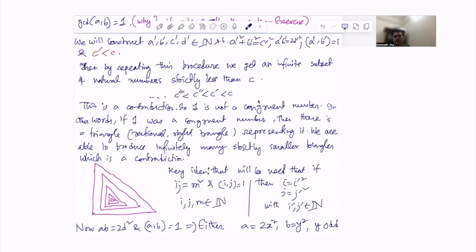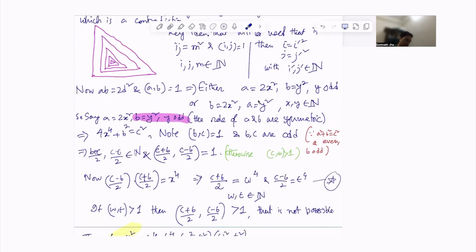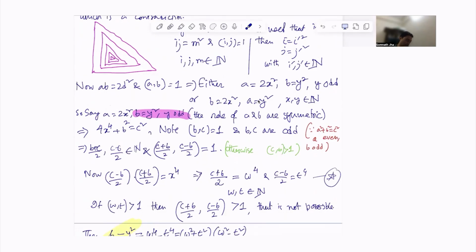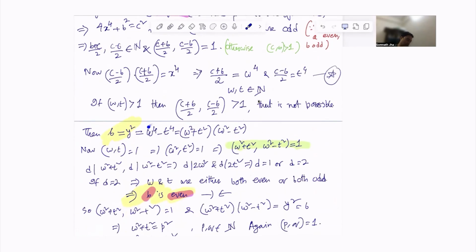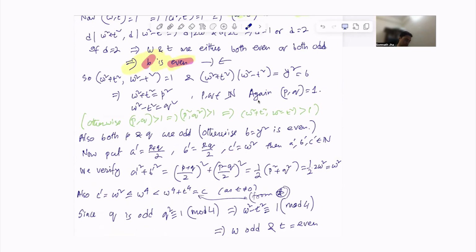The technical key idea used here is the fact that Z is a UFD, and if the product of two integers is a square and they're coprime to each other, then each of them must be a square. This is the idea which was used. And in the process, we almost see that x to the power 4 minus t to the power 4 equal to y square has no integer solutions.